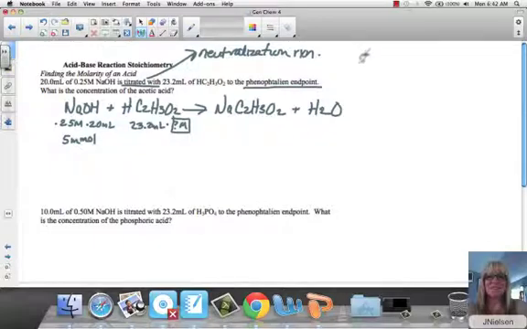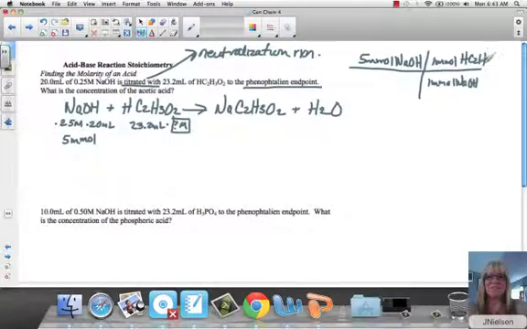So if I have 5 millimoles of NaOH, then I know if I have 1 millimole of NaOH, in my balanced equation I also have 1 millimole of the acetic acid. I'm just showing you that this was a 1-to-1 ratio. So this is going to leave us with 5 millimoles of the acid. Now we know molarity is equal to moles over liters.